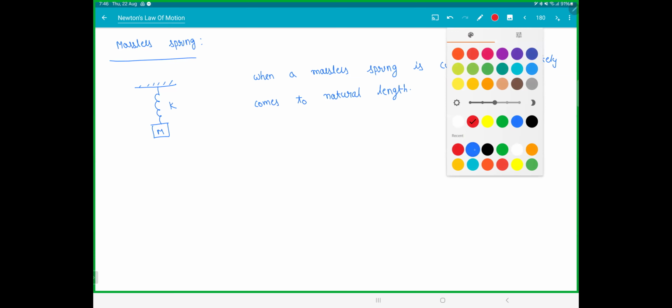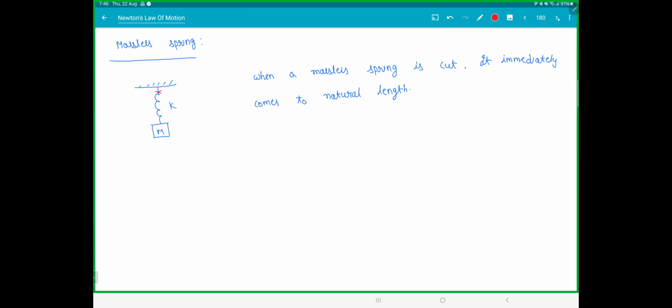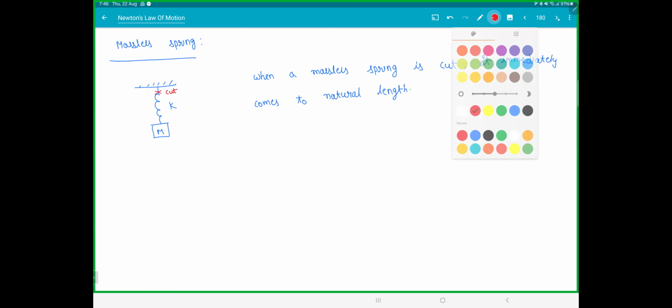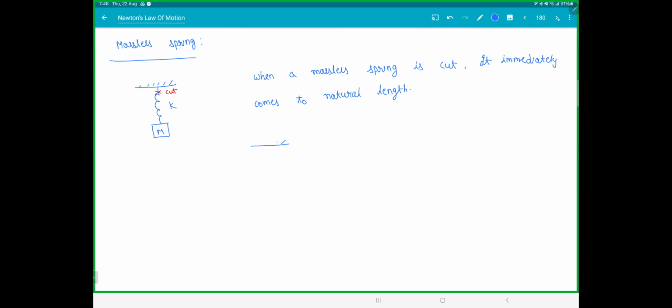Meaning, if you cut it somewhere here, the moment you cut, the spring will come to the natural length and the block will just get disconnected.